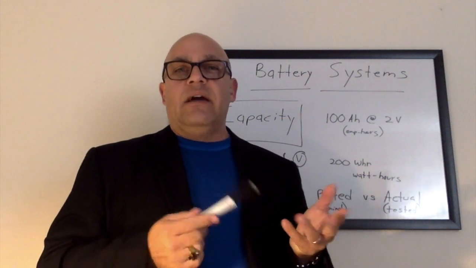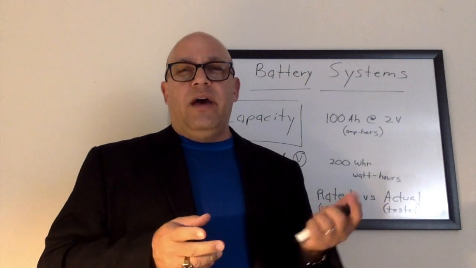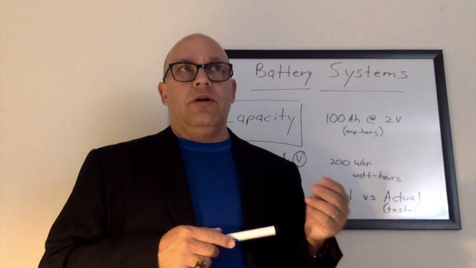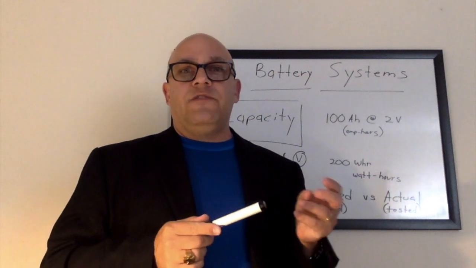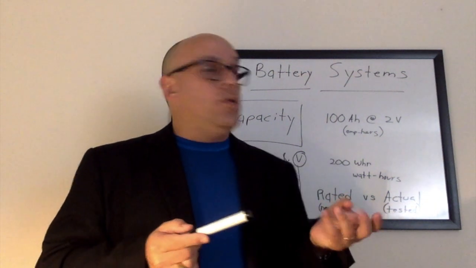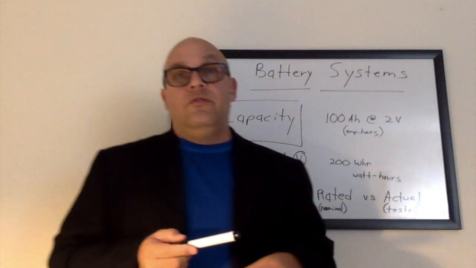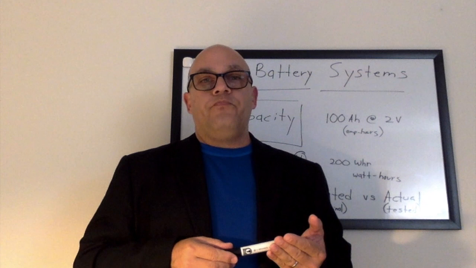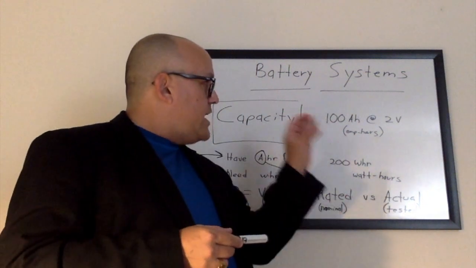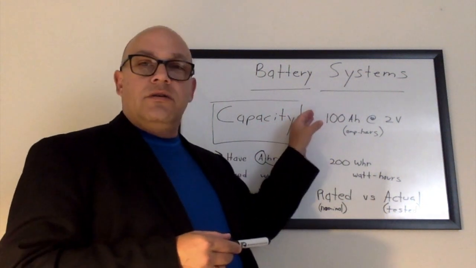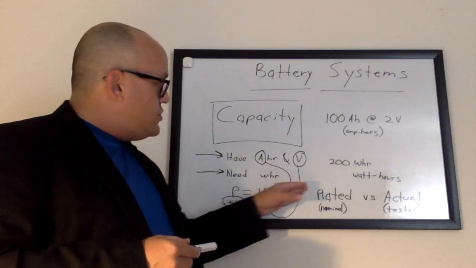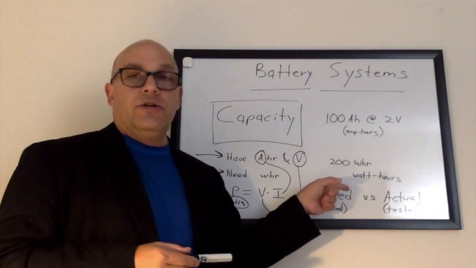Say you're buying a tire, well, you're plus or minus a percentage point, right? Some engineering tolerances are plus or minus 5%, some plus or minus 2, plus or minus 1. Batteries can swing plus or minus 20 and sometimes 50%, I've seen. So rated versus actual. Amp hours, watt hours, conversion of amp hours to watt hours, amp hours to energy.